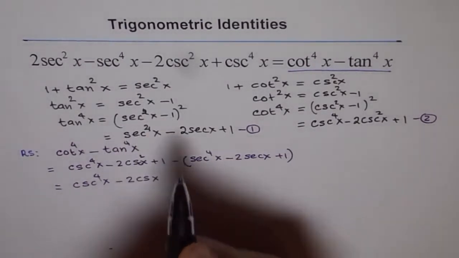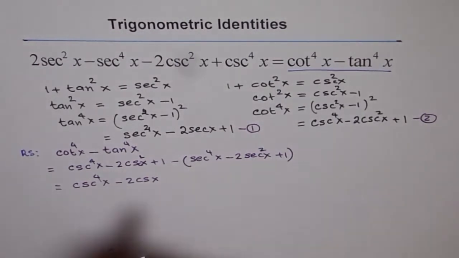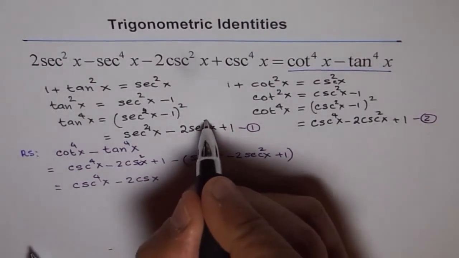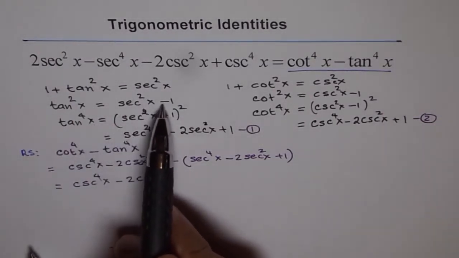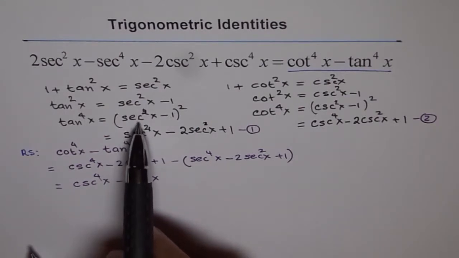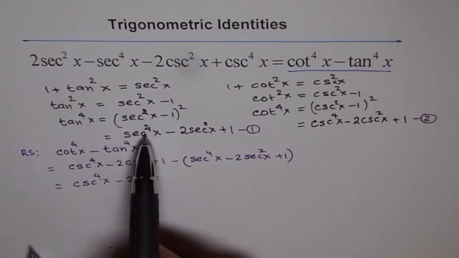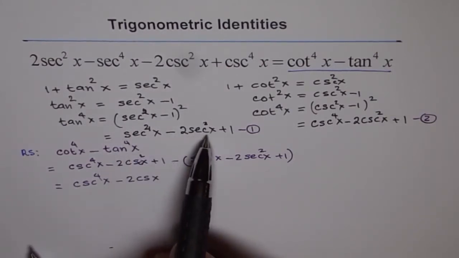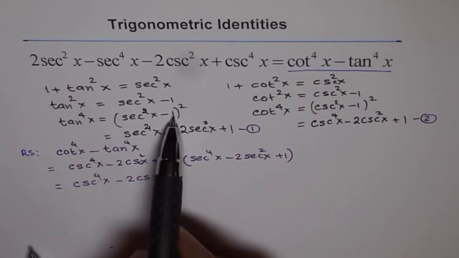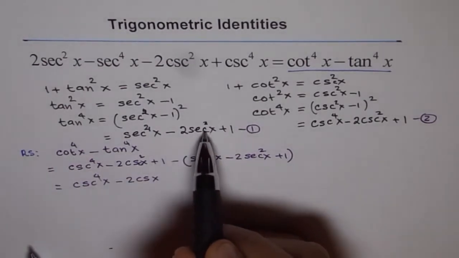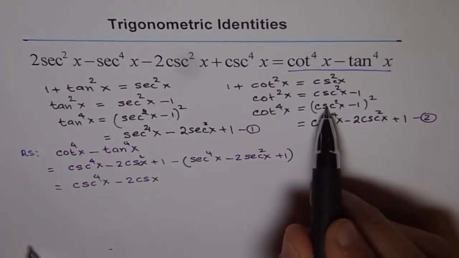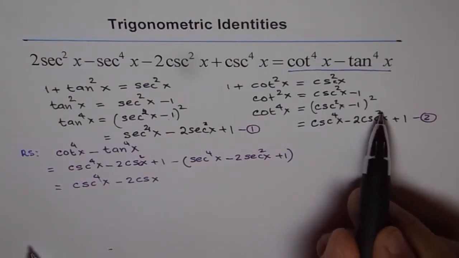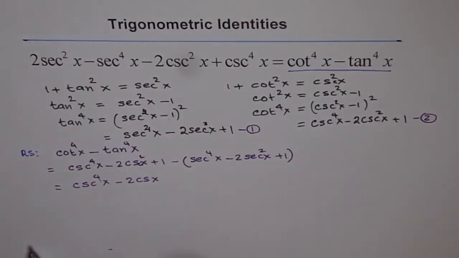Similarly, tan to the power of 4x is secant square x minus 1 whole square. The expansion for this is a square minus 2ab: a square is secant square squared, which is the power of 4, 2 times a, which is secant square x, times b, which is 1. So it is minus 2 secant square x plus 1. That's how we get it. And here also 2 times ab, where a is cosecant square x, so this should be squared, right? So that's what it is.